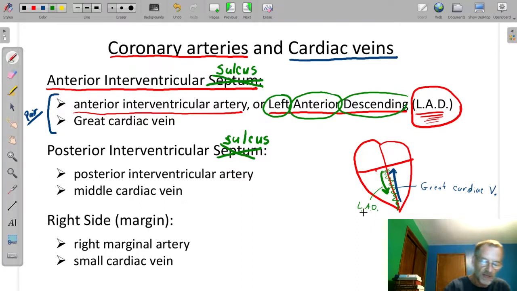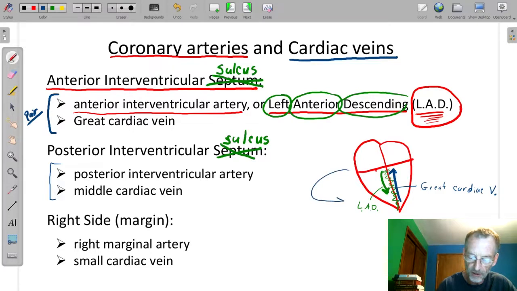Those are the big ones. And then you flip the heart around on the posterior side and you have something similar. We have the posterior interventricular sulcus between the two ventricles, and within that sulcus is a posterior interventricular artery. I'm not familiar with a popular abbreviation for that because it's not as involved in coronary disease issues perhaps as the LAD. But it's paired with the middle cardiac vein.